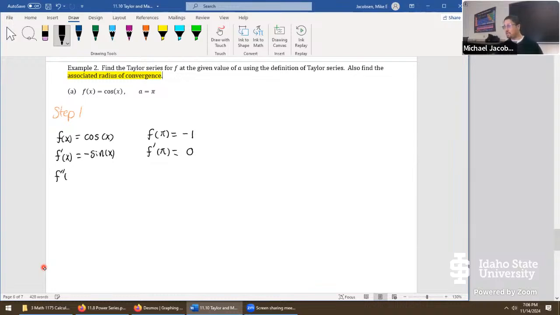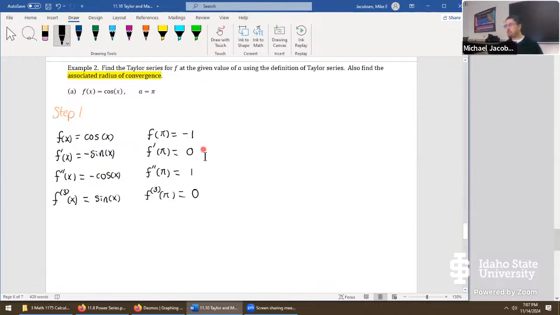So second order derivative next. We have the derivative of negative sine x coming out as negative cosine x. So now f double prime at pi is going to be +1. And so far, so good. Now at the third order derivative, negative cosine gets us back to positive sine. So now we have the third order derivative of f at pi back to 0.